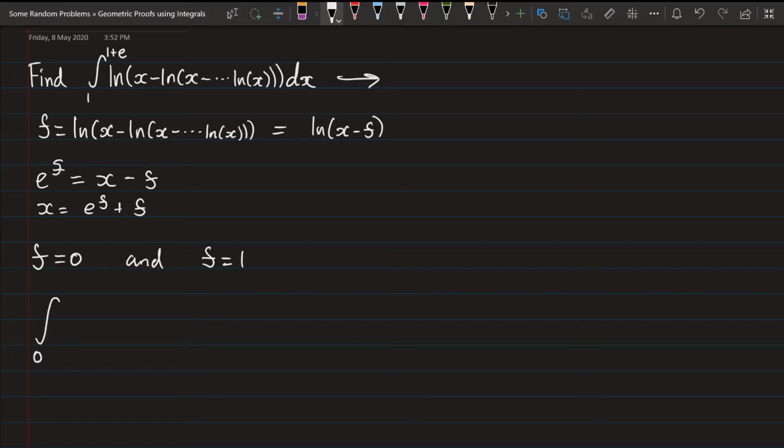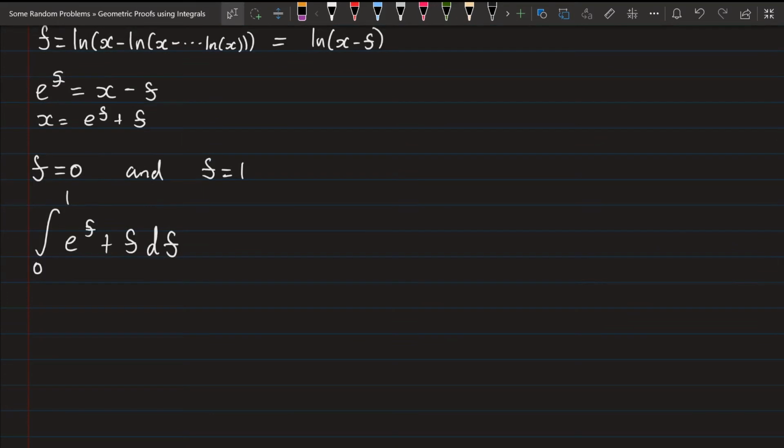So we get from 0 to 1 of e to the f plus f df is our integral. And again, that will find the area enclosed between our function and the y-axis. And now let's have a think. What would this converge to? Well, that would easily just become e to the f plus f squared over 2 evaluated between 0 and 1.